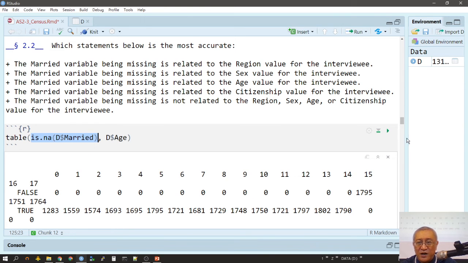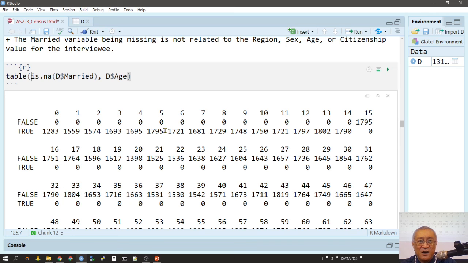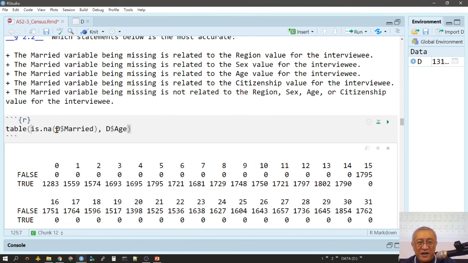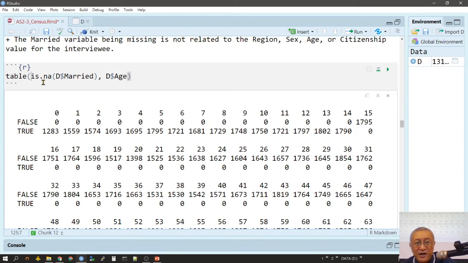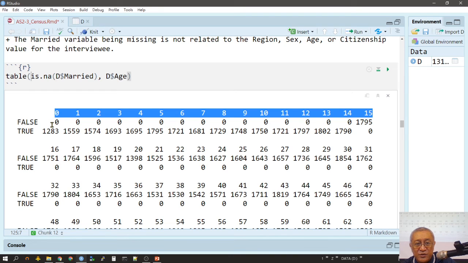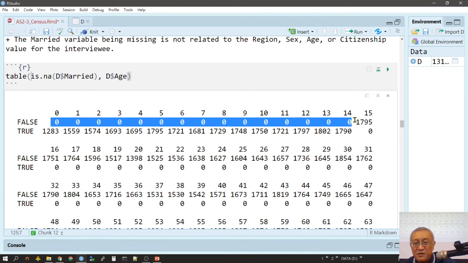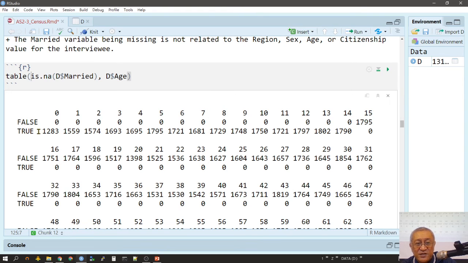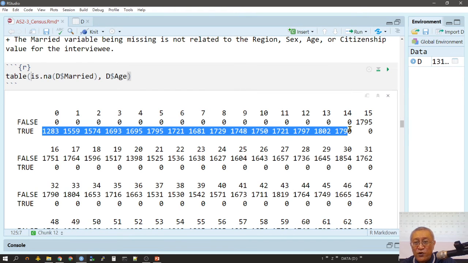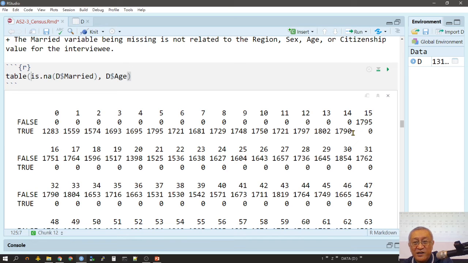You want to see whether there's a rule between age and the NA in married. As you can see, if I do a table, this is age and this is the number of NA. So for all of the interviewees below 14, before the age of 14, they are NA.